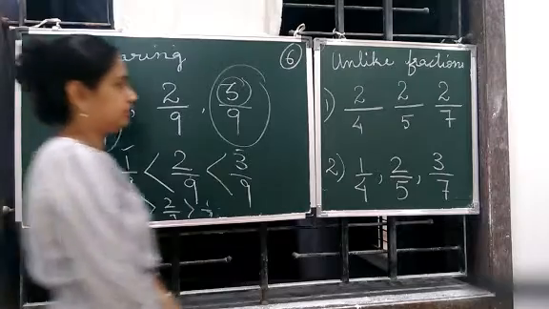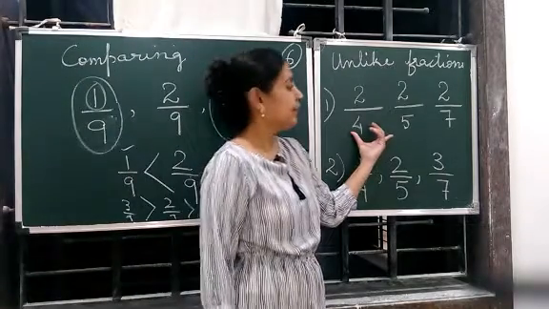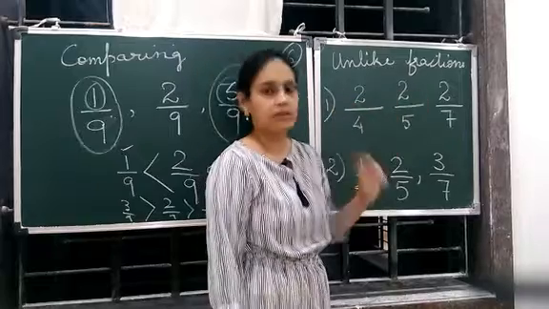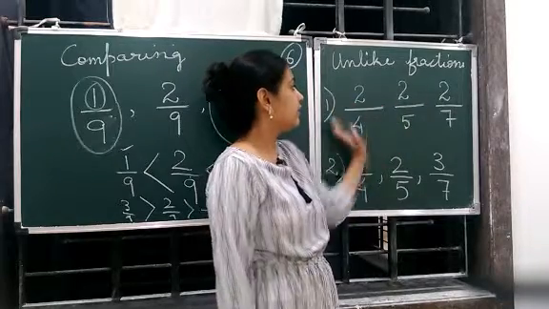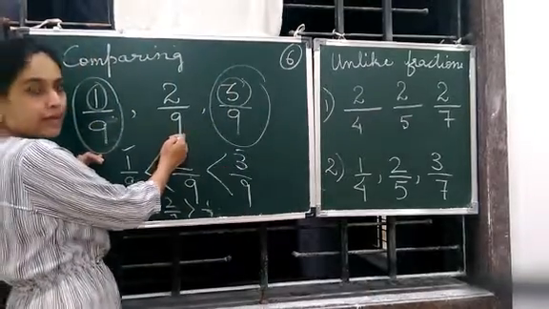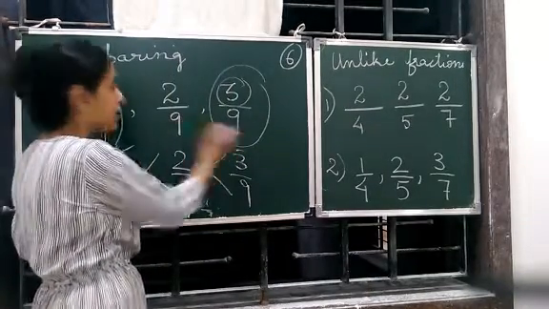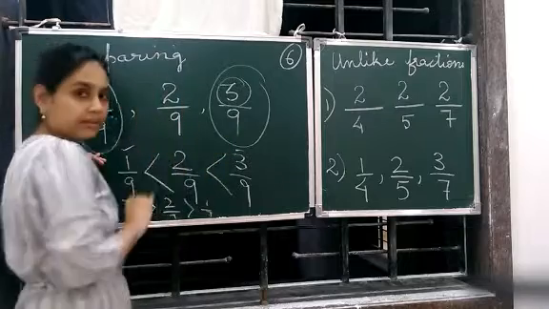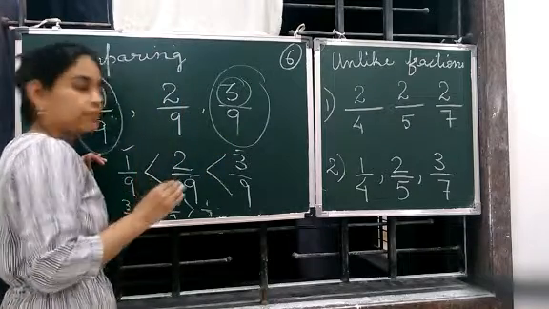Okay, now if we are comparing these type of fractions where the numerators are same, this type of comparison is just opposite of the comparison where denominators are same. Where the denominators are same, we just compare the numerators. Bigger is bigger, smaller is smaller.